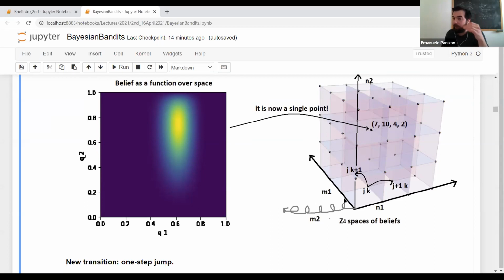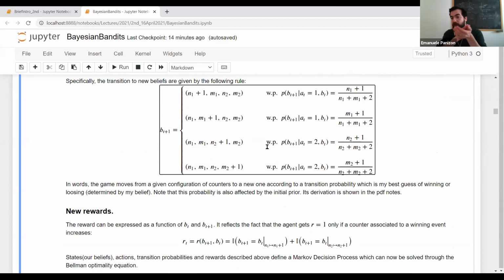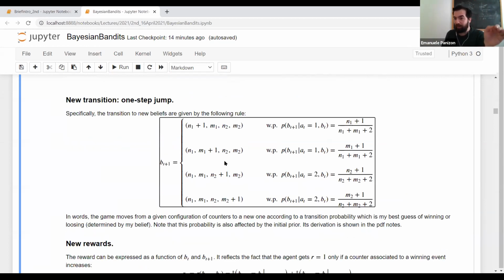This also means, which is something nice, that you always move from a state with a certain sum of pseudo counting to a state with a sum of pseudo counting plus 1. Again, this is nothing but my new transitions in my new MDP, which is my MDP of beliefs. Do you have a question about this?